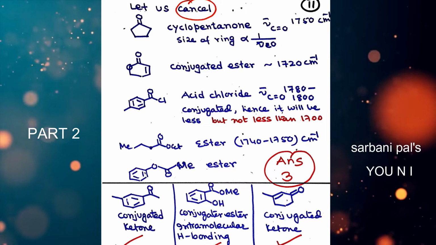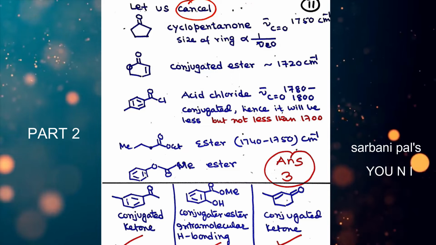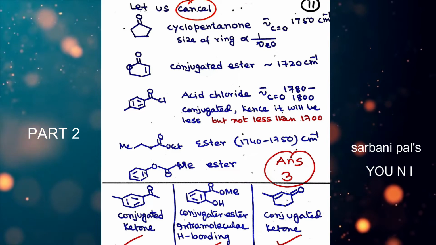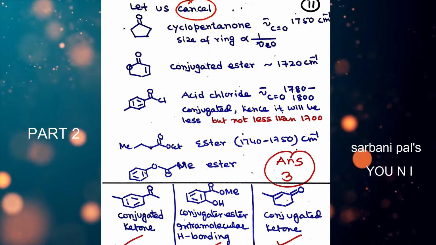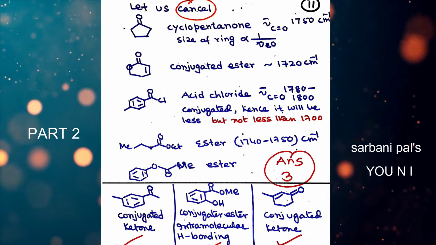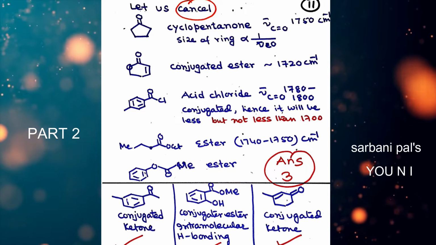Now let us see who are they. Number 1 is the conjugated ketone. The conjugation is with the benzene ring, so this can appear at below 1700. Next one is the conjugated ester, but it is not a simple conjugated ester.